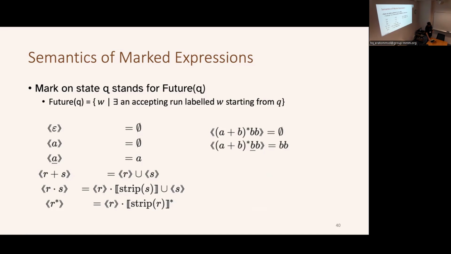So you get BB. If you had two of these, you get this, because either you start from this B and then you just get a single B, or you start from here and you finish and then you get BB. If you had this, this is your semantics, because you start from A, so you have to have an A, and then you repeat the whole thing. So I hope these examples illustrate this definition.